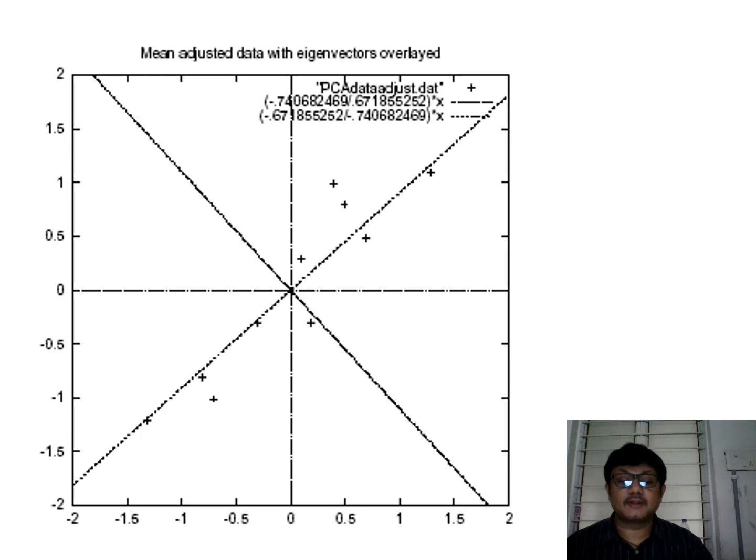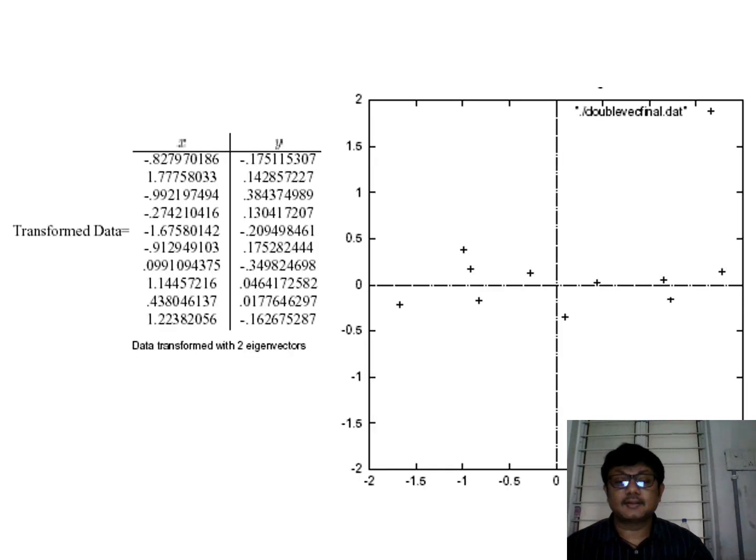Now the covariance adjusted values are represented from the scale 0 to 2 in this direction, and this one is 0 to minus 2. This portion represents the positive variations, where the data is represented in this form. This is the PCA adjusted data, how much the values that we are going to get. Here the transformed data is equal to x and y. Here we have double values.